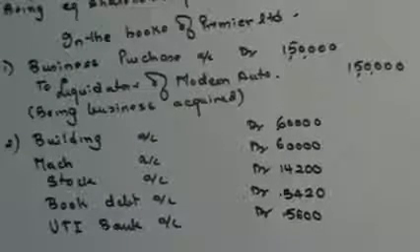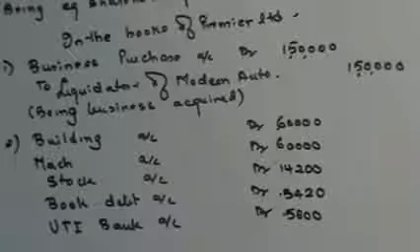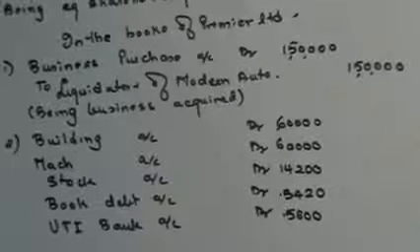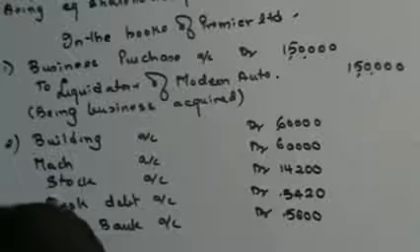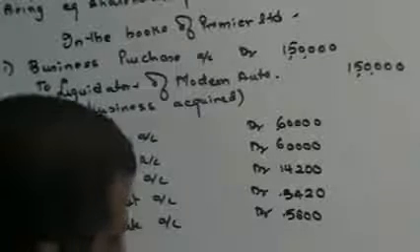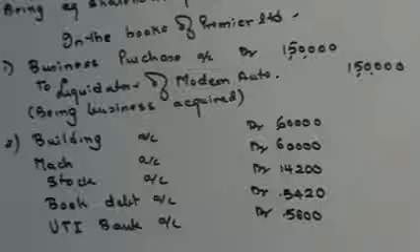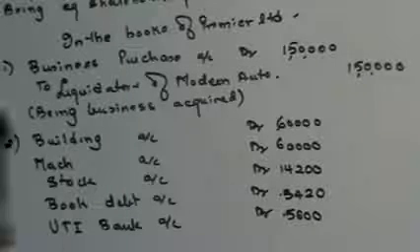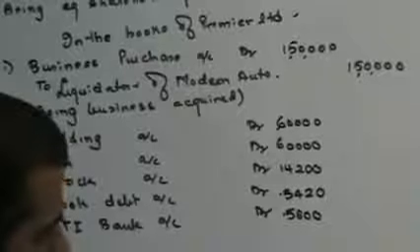Debentures of Modern Auto were of 10,000. If I have to pay them at 20% premium, on 10,000, 20% premium will be 2,000. That means the net amount that I have to pay them would be 12,000 instead of 10,000. Creditors, they haven't said anything. Business purchase 1,50,000 as it is.